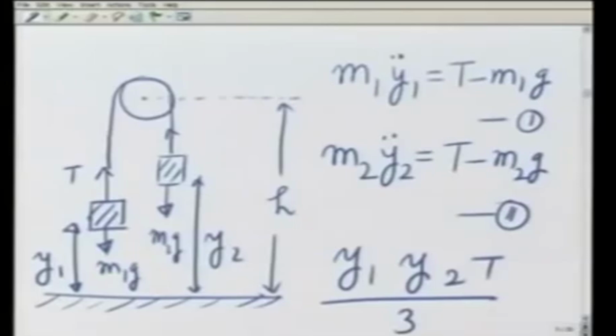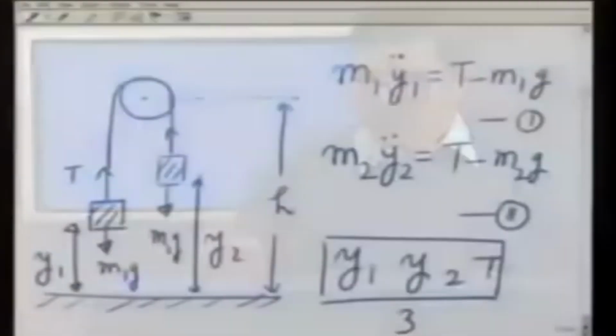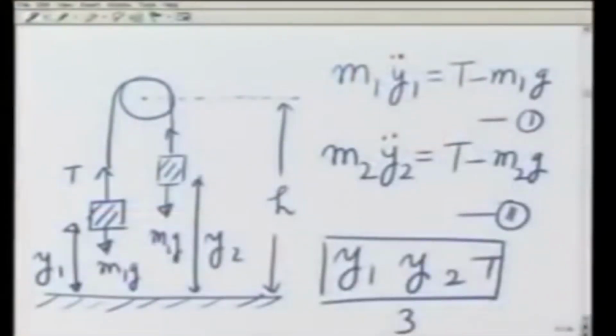So one equation that is missing must be provided by the constraint itself, and that is where this picture comes in handy. Recall again, the constraint that the two masses move together is provided by the fact that the rope is of fixed length.